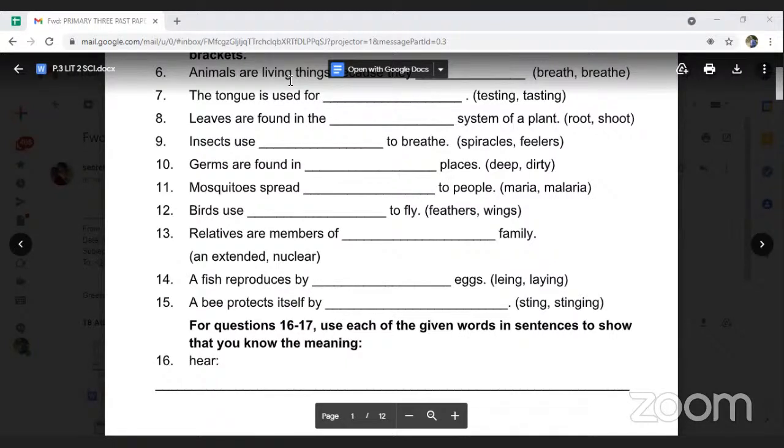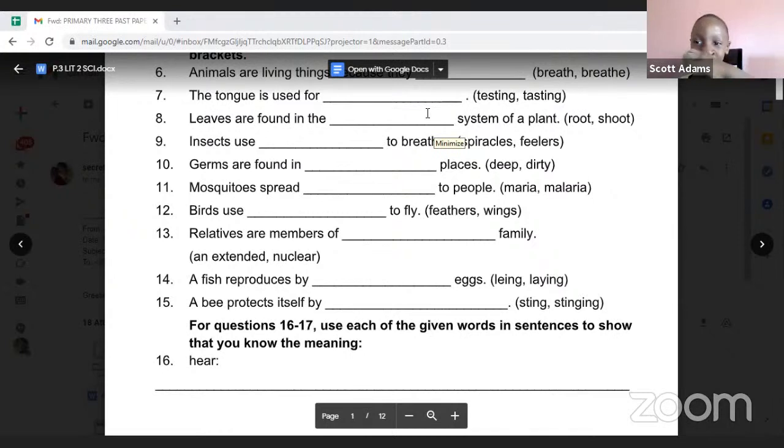This is Shadrach using another name, that is Scott Adams. Hi. Hi, Shadrach. Shadrach, you have delayed. We were waiting for you. Sorry. So you see, you missed some questions.